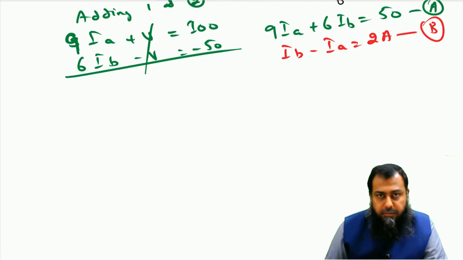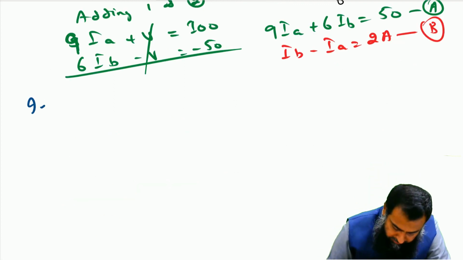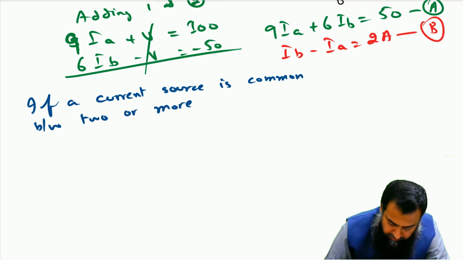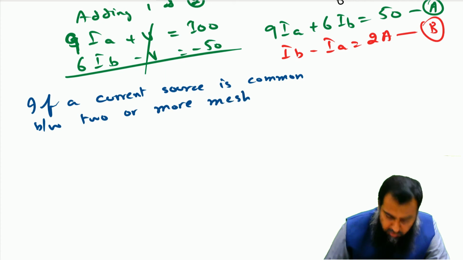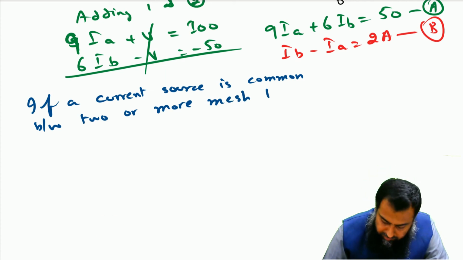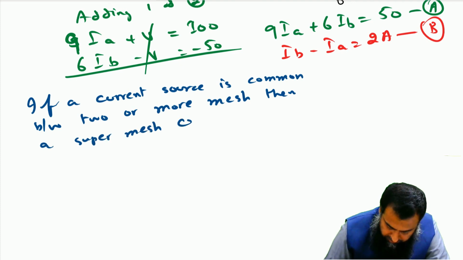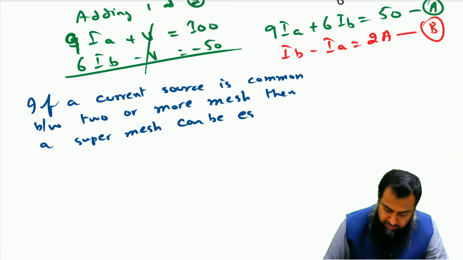There is a concept which says that if a current source is common between two or more meshes, then a super mesh can be established.